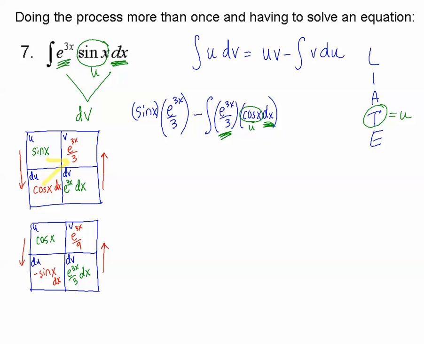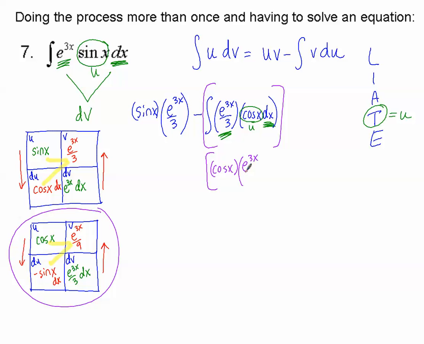And now let's make our 7, uv, v du. uv. So remember, that's just for this part right here for this box. So for this part, uv, cosine x times e to the 3x over 9 minus integral v du.